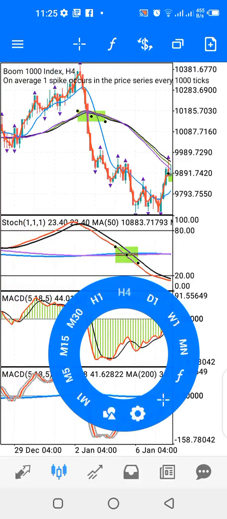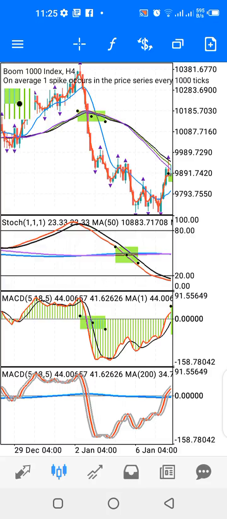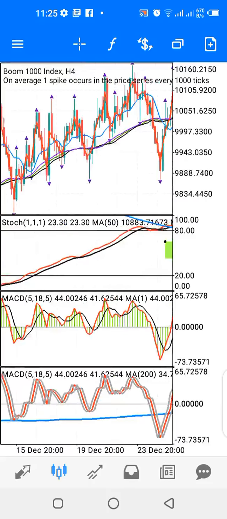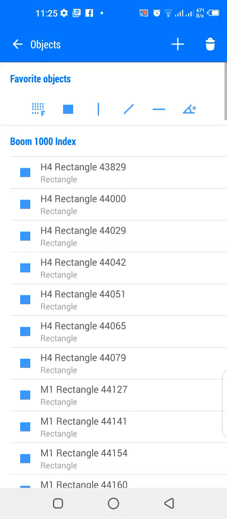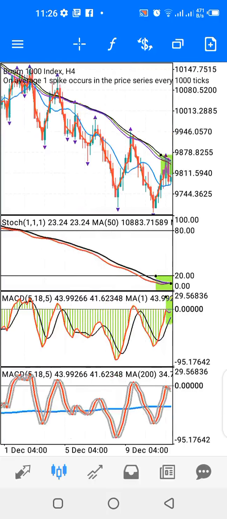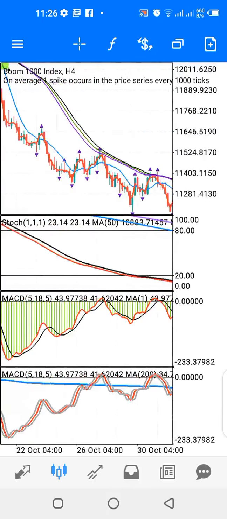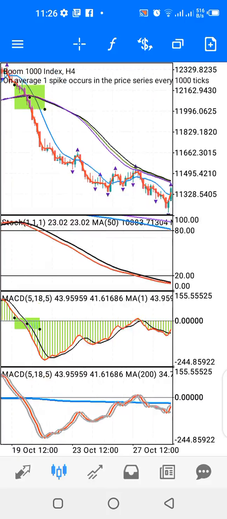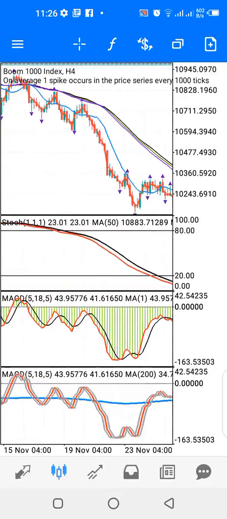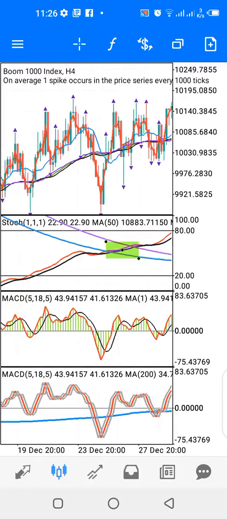When it crosses below 0 level, like we have around here, that's our sell signal. Look for a sell signal. Okay, this is a sell signal. So that's basically how to use the indicators on indicator window 2.